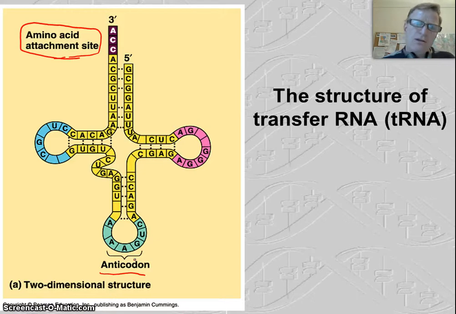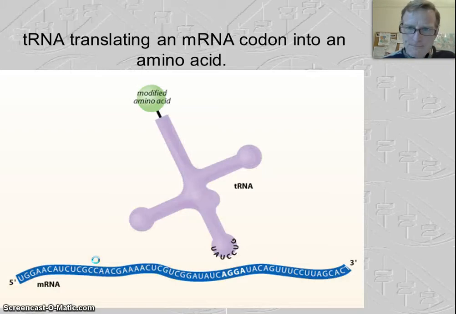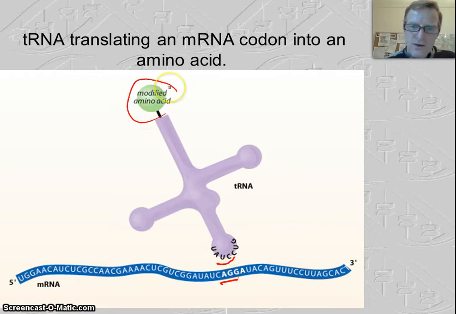This is only going to attach one particular amino acid based on the pairing of the anticodon with the codon. It's sort of like we're reading and interpreting this code, this message in the ribosome with tRNA. Okay, and so here's an example of tRNA translating the mRNA codon. So we have the AGG that pairs up with the UCC, and that attaches a specific amino acid right there. Okay, and that is protein synthesis.